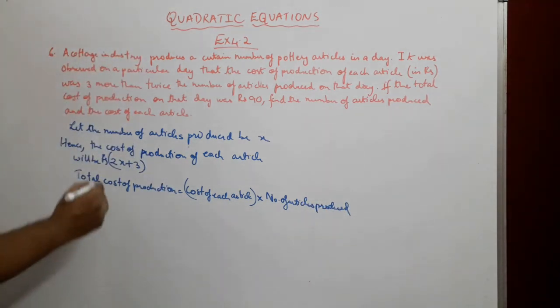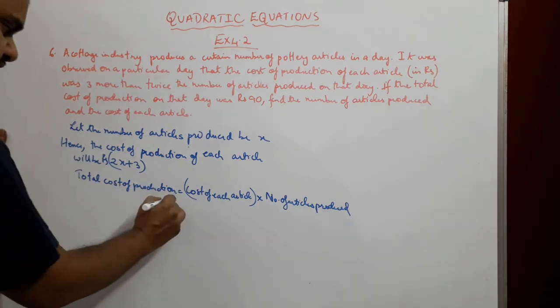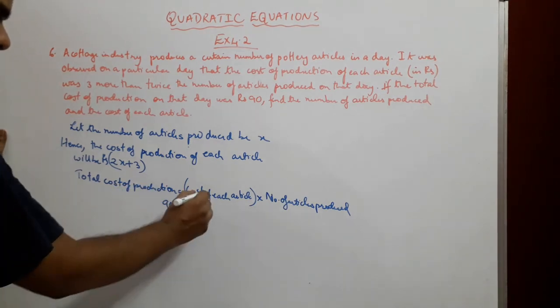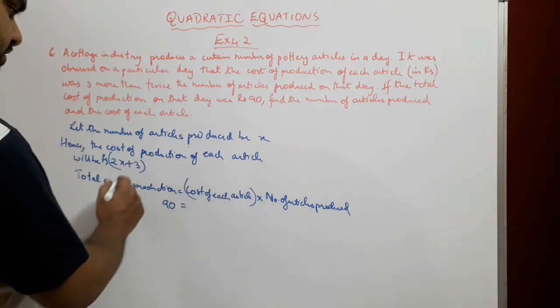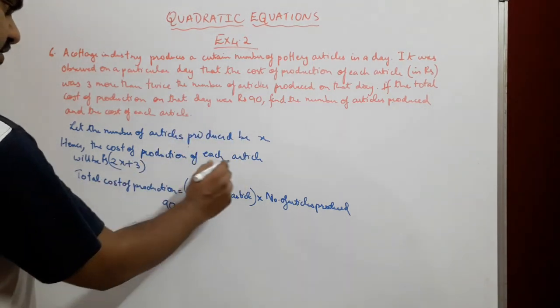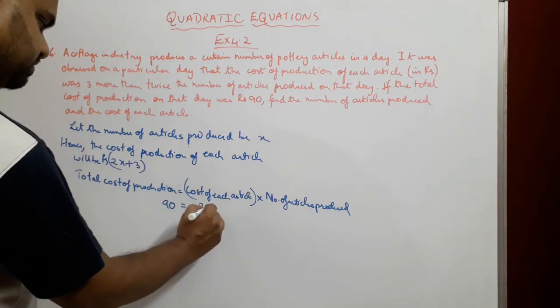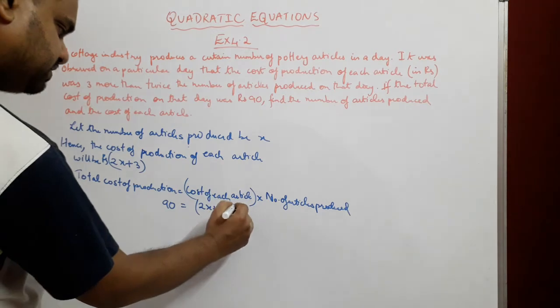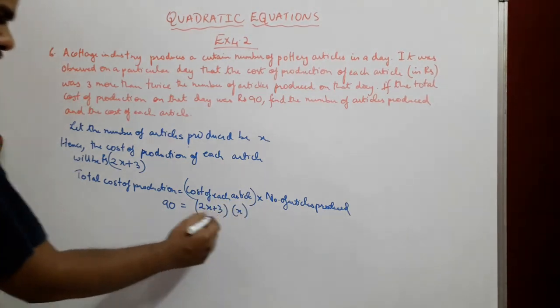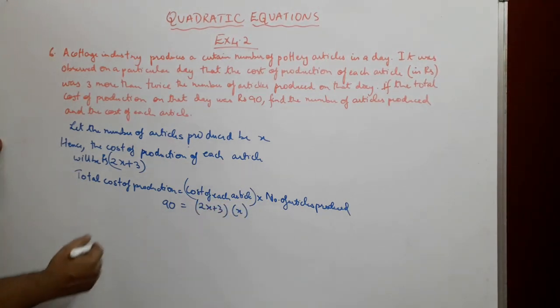Okay, the total cost of production given is 90, and cost of each article produced here is 2x plus 3, and number of articles produced we have assumed as X. So now all we do is multiply X into this, and we should get our quadratic equation.